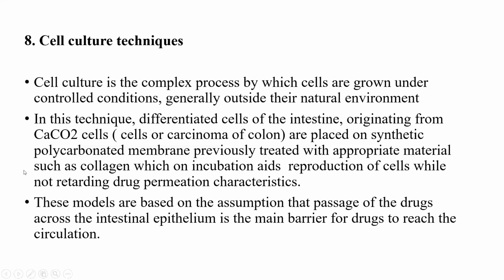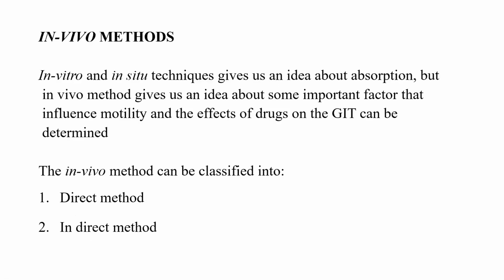These models are based on the assumption that passage of the drug through the intestinal epithelium is the main barrier for drugs to reach the circulation. So you are assuming that the intestine is the main barrier for drugs to reach the circulation. That's why you are adapting such techniques to check the permeation of the drug through the intestine or through the GIT in general.